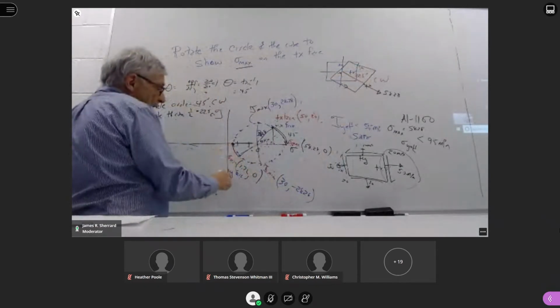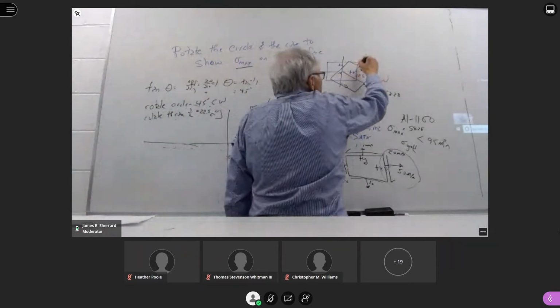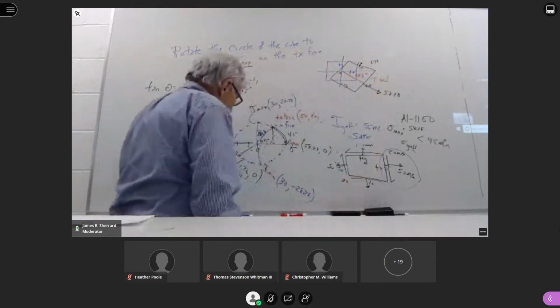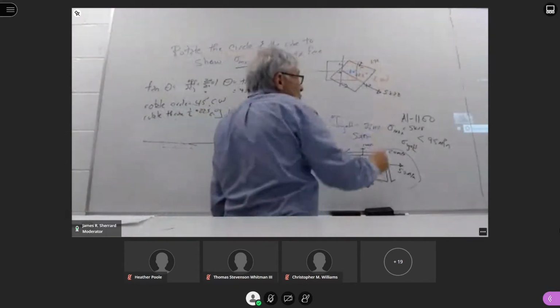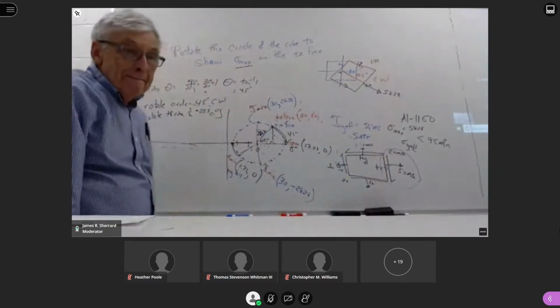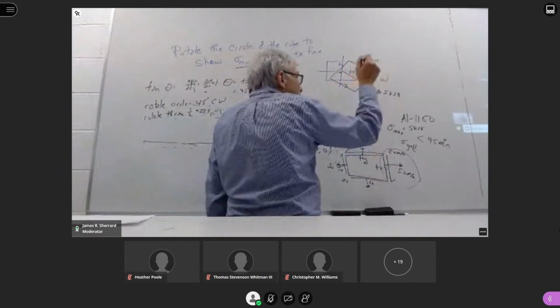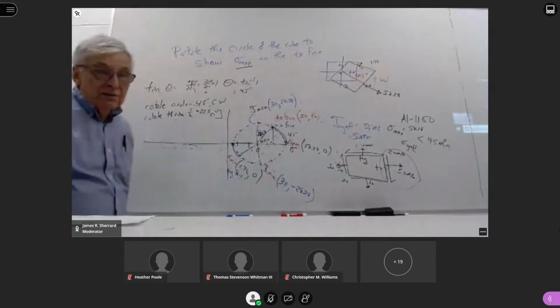If it moves up to here, I'm going to have 1.72. It's going to be just a little nubby here. 1.72. The shear stress is 0, so that is correct. So I have rotated the cube to show sigma max on the plus x face.